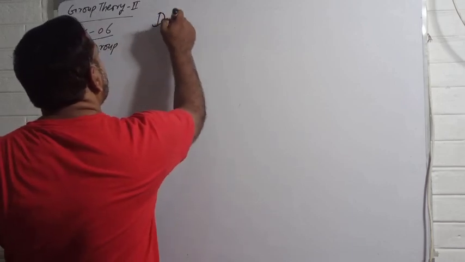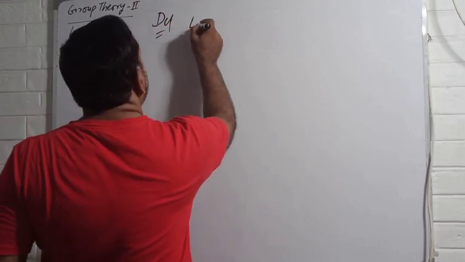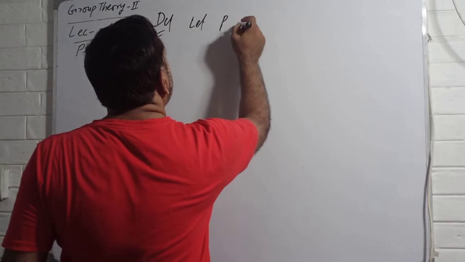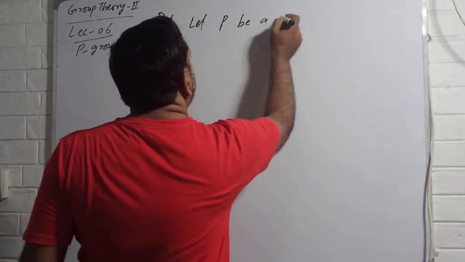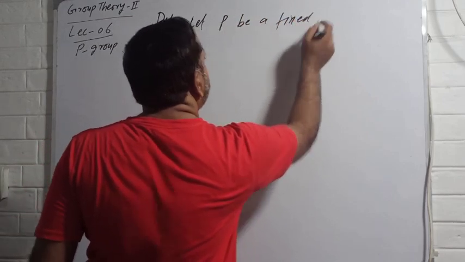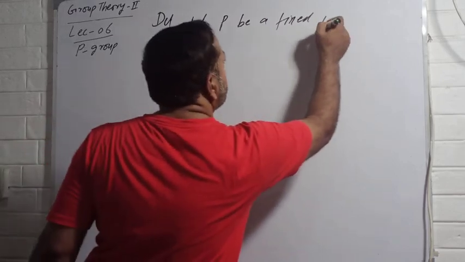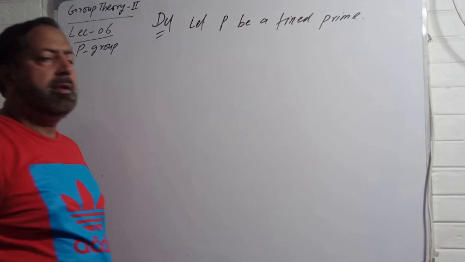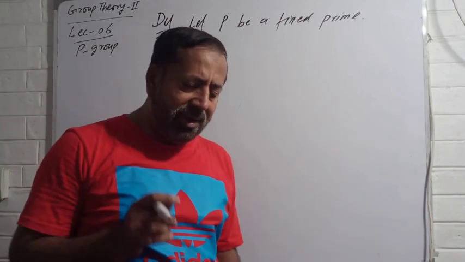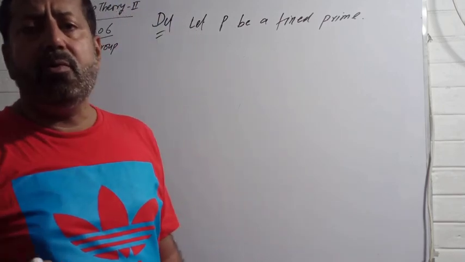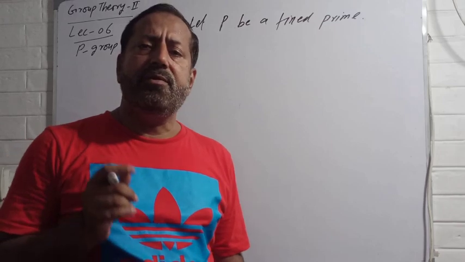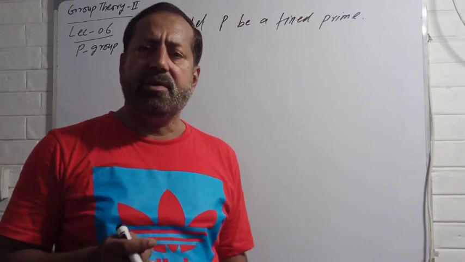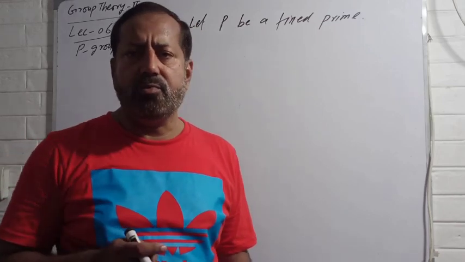Definition: let P be a fixed prime. A group G is said to be a P group if the order of G is equal to P power alpha for some alpha greater than or equal to 1.